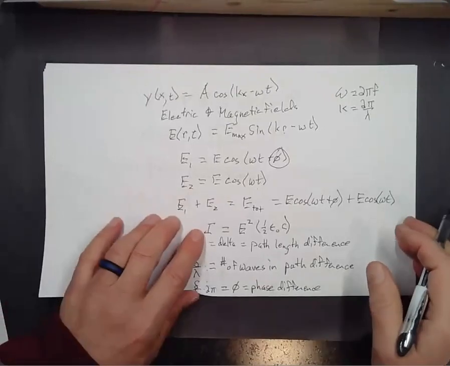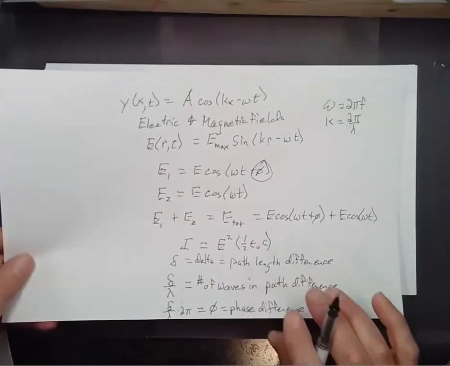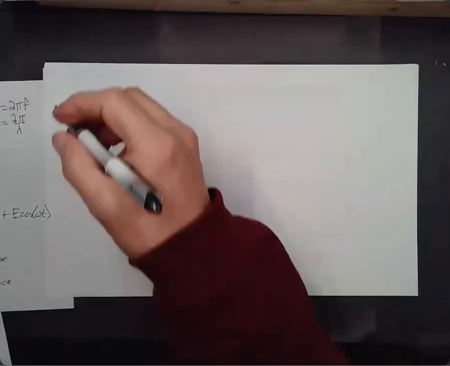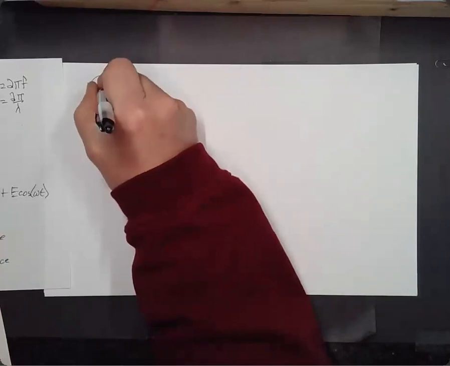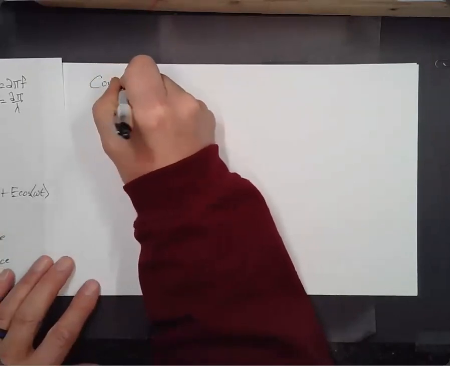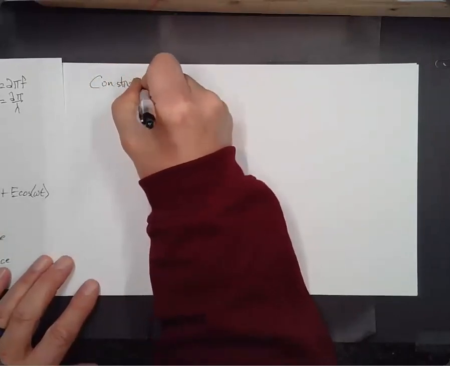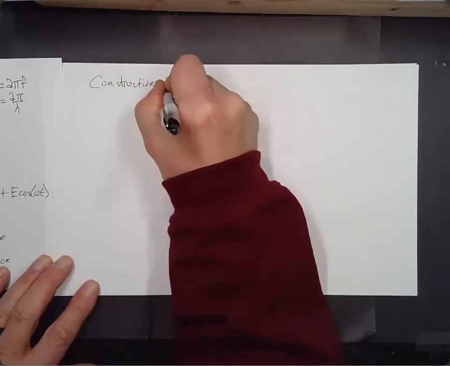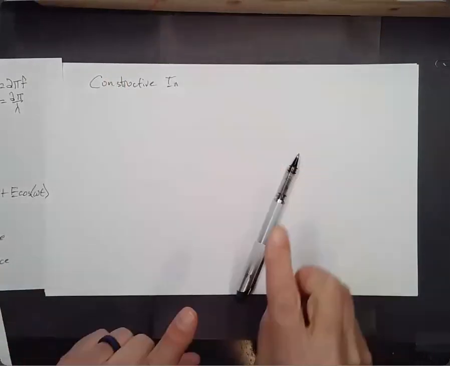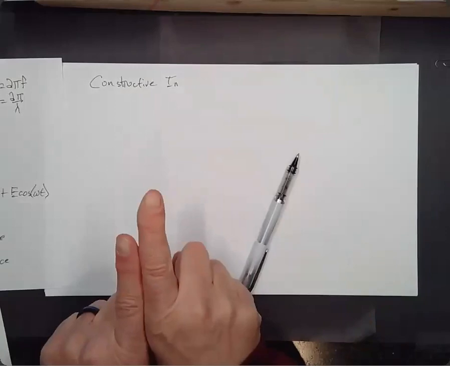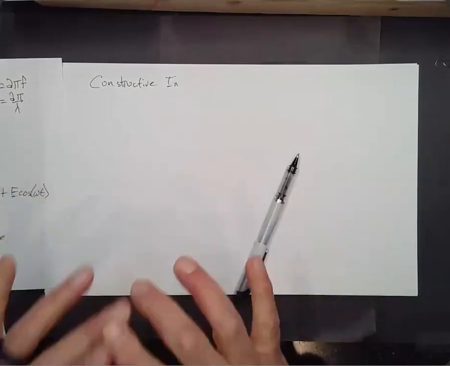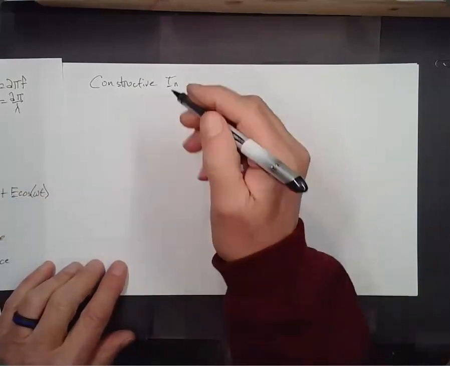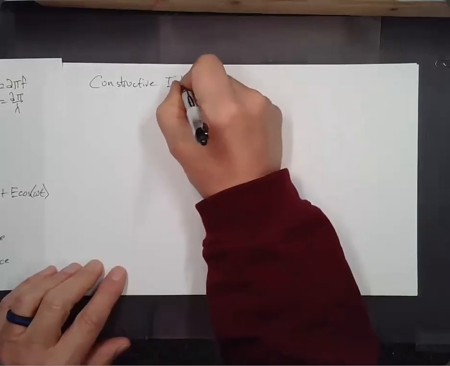So for constructive interference, our phase difference, now, constructive interference means the maxima of the two waves will add together. And so you get something nice and big in that case.